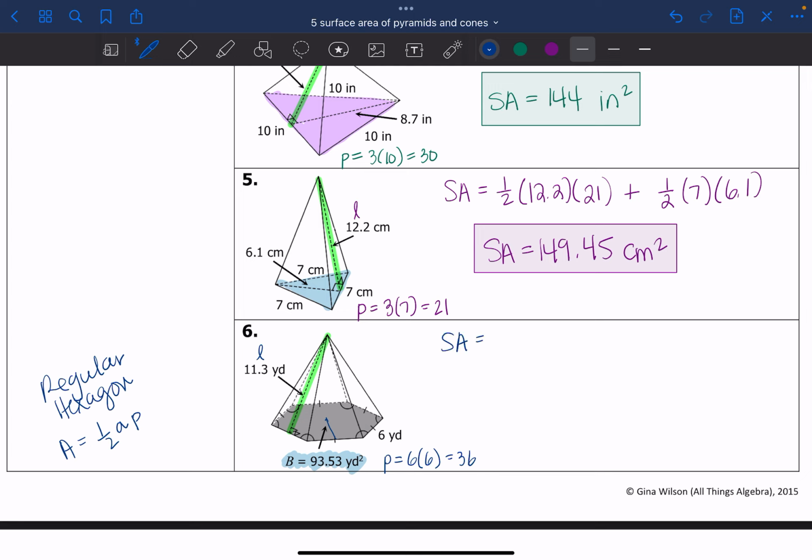So surface area equals 1/2 times 11.3, our slant height, times 36, our perimeter of the base, plus the area of the shaded in bottom portion, which they already told us is 93.53. Okay, so just plug this into the calculator all at once, and I get 296.93 square yards.